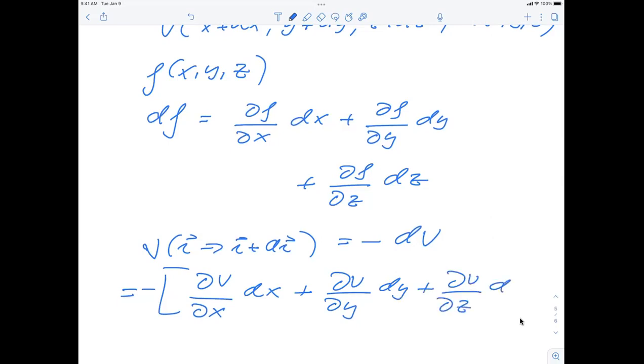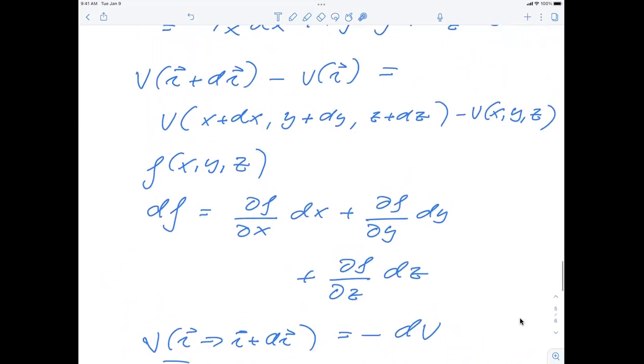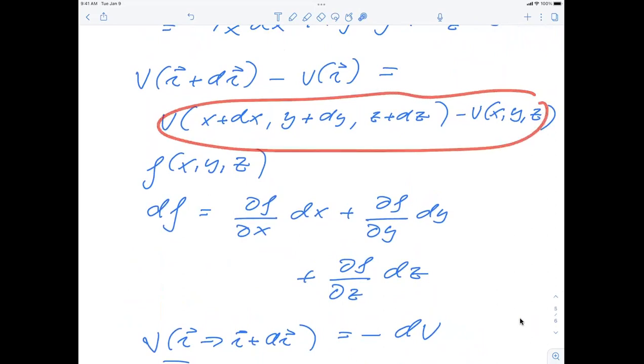It's not the most exciting exercise we're doing, but keep in mind that this more compact way of writing it is the same as what I wrote here.